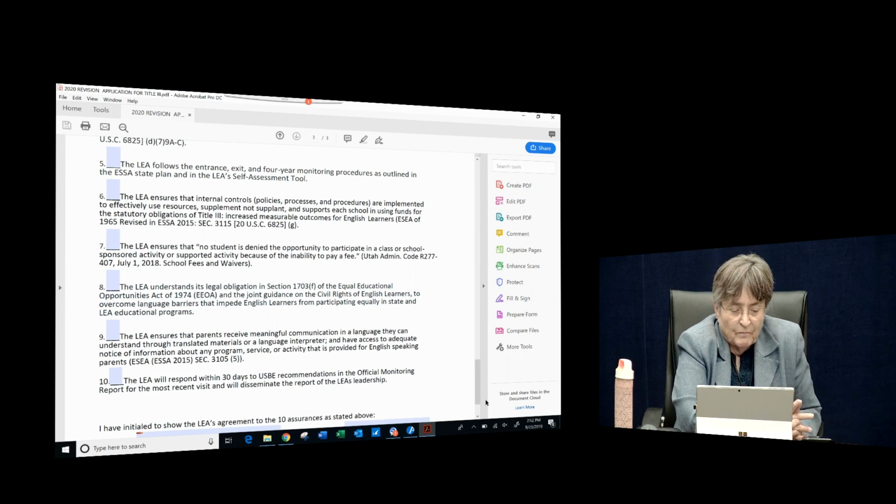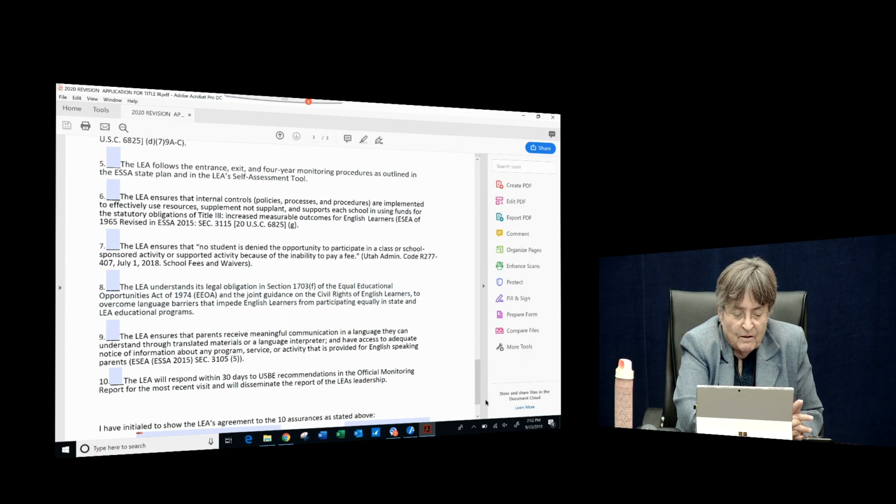For any questions, the best thing to do is to get in touch with the school fee department in the internal auditing department. The other one is about meaningful communication in a language that they can understand, through translated materials or a language interpreter.